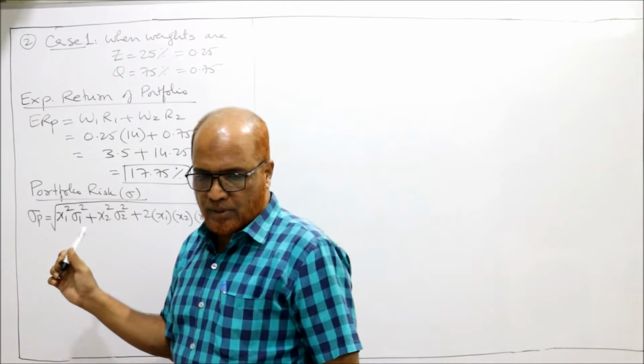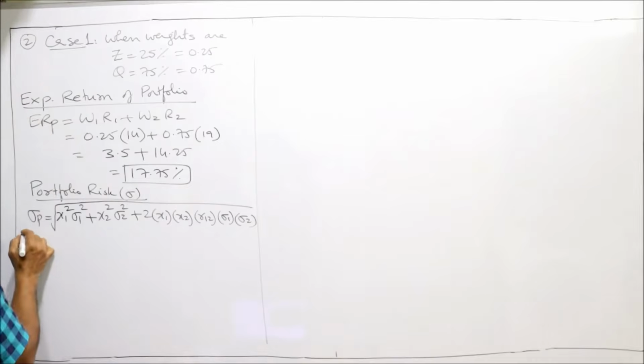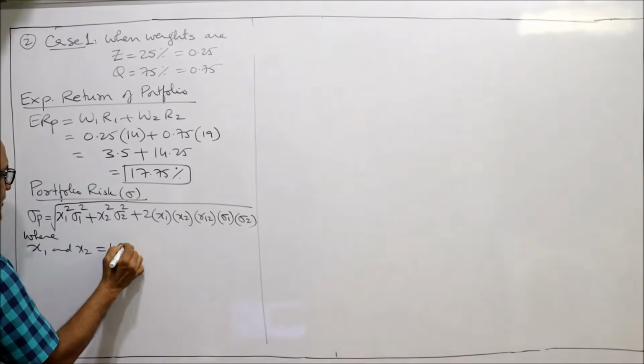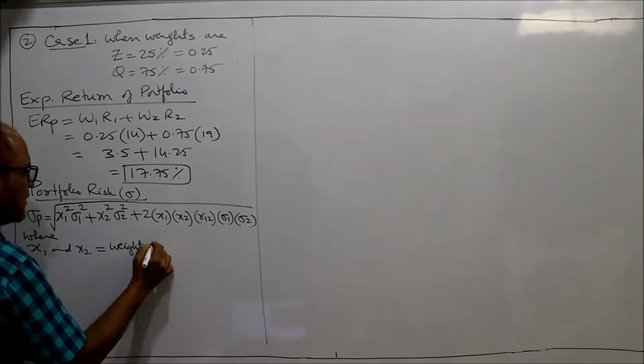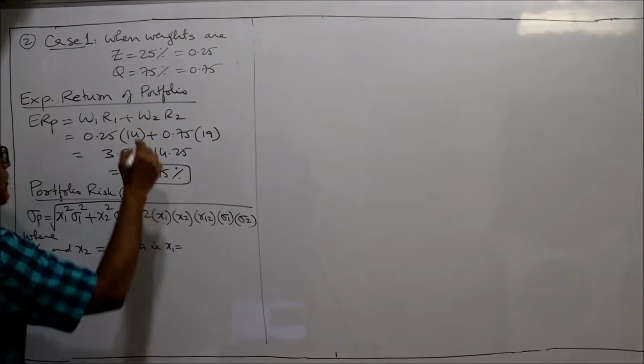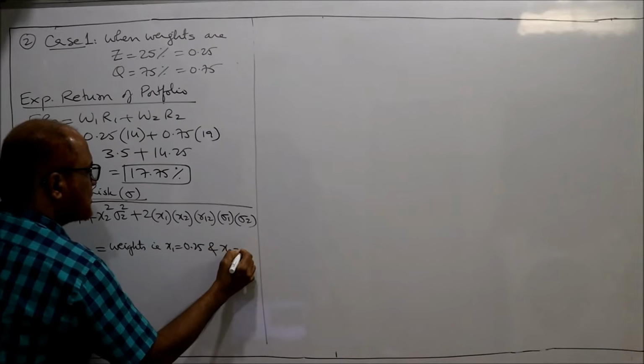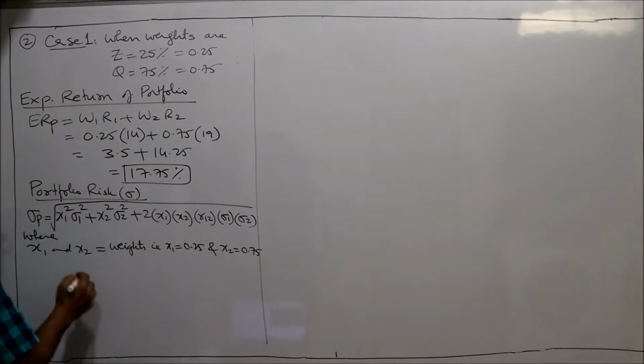Now you must know what each term stands for. Here x1 and x2 are the weights, that is, x1 is equal to 0.25 and x2 is equal to 0.75.